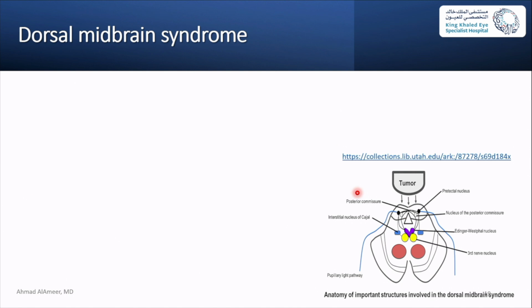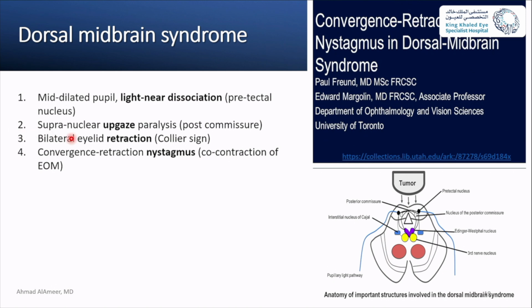Okay? So we have the pretectal nucleus, that's why the patient has light near dissociation. And we have the posterior commissure, that's why the patient has supranuclear upgaze palsy. So supranuclear upgaze paralysis is from posterior commissure involvement.